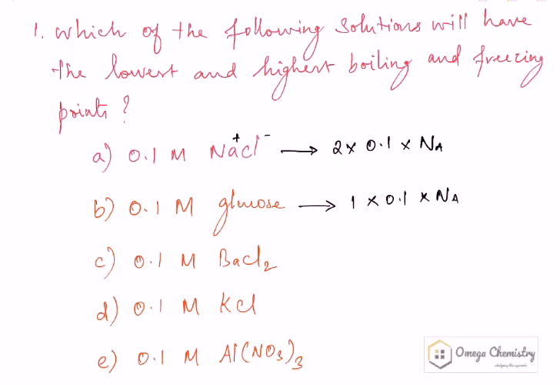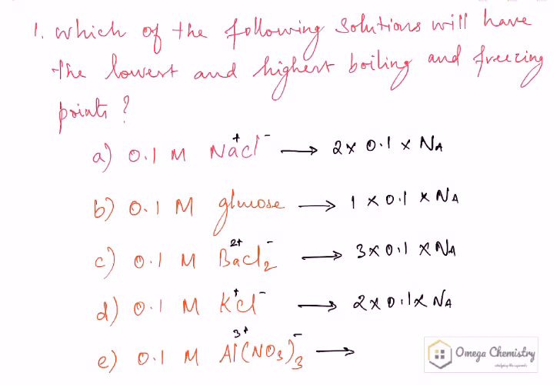Barium chloride, being ionic, will give 3 particles, barium ion and 2 chloride ions, so 3 into 0.1 into Avogadro number of particles. Potassium chloride will provide 2 into 0.1 into Avogadro number of particles, and aluminum nitrate will provide 4 particles, 4 into 0.1 into Avogadro number of particles.